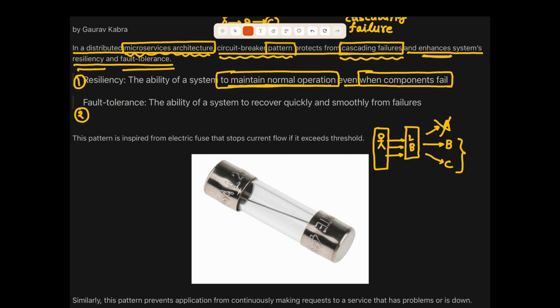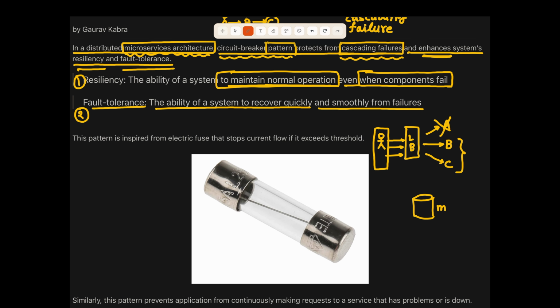The second term is fault tolerance. As the name suggests, it is the ability to tolerate fault. The ability of a system to recover quickly and smoothly from failures. Let's take an example. There were two databases.